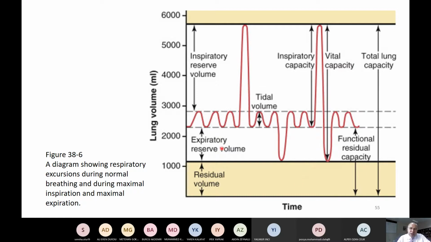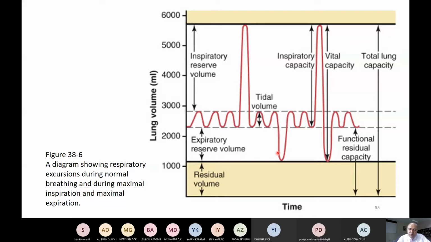These are the volumes. If we repeat, tidal volume is the air going in and coming out at rest, and it is about 500 milliliters. Inspiratory reserve volume is 3000 milliliters, and expiratory reserve volume is about 1200 milliliters.